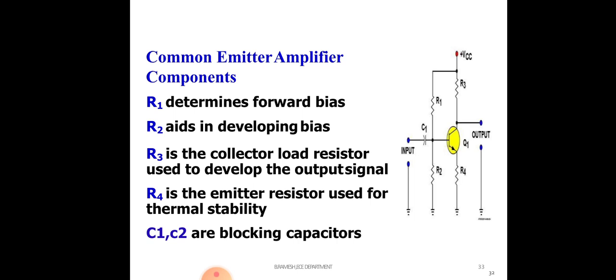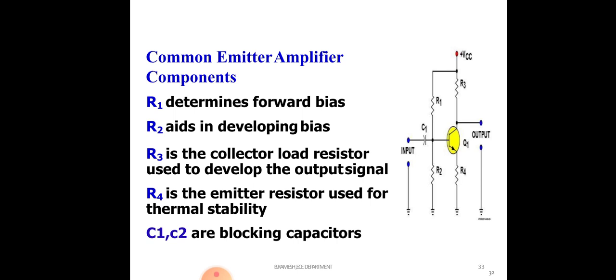The C1 capacitor allows the AC signal and blocks the DC signal, and it couples the source signal to the base terminal. Another advantage of the C1 capacitor: if it is not present, the source resistance combined with R1 and R2 will change the operating point.